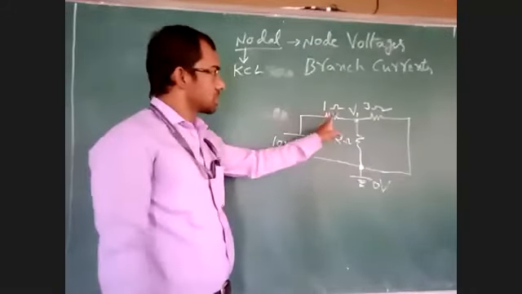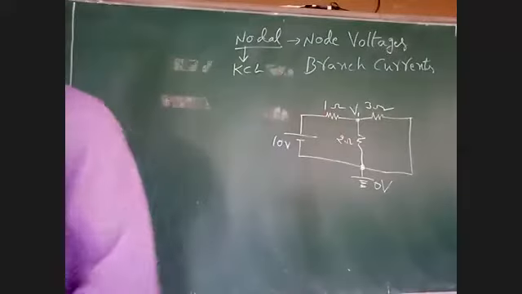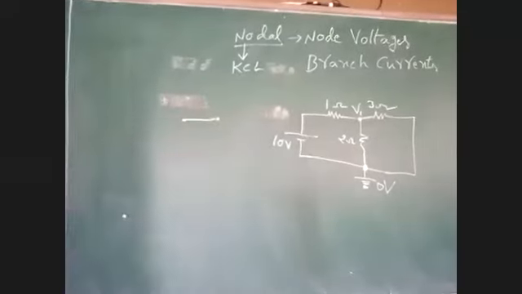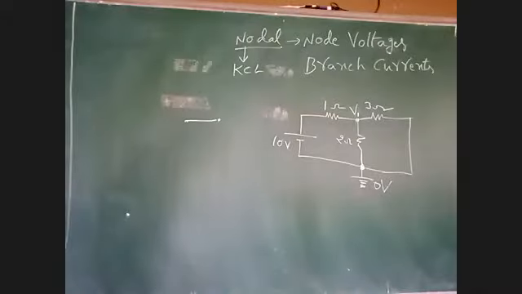What do you mean by branch? The connection between two nodes, a pathway joining two node points. If you have two nodes, the line in between two nodes is called a branch.